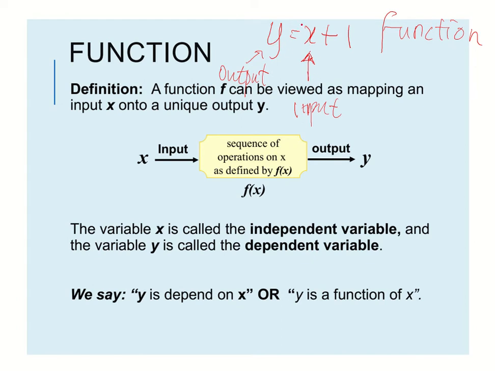If the input is 10, the output is 11. Therefore, when we have an input, we get one output, so we call this a function. It is a process mapping an input to one output.